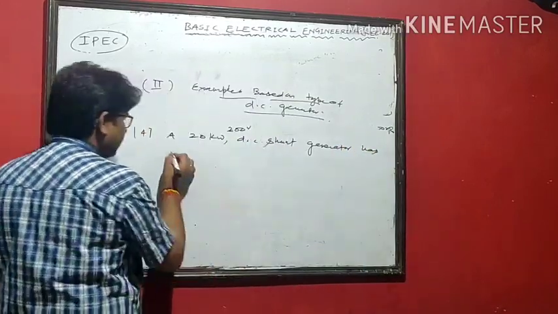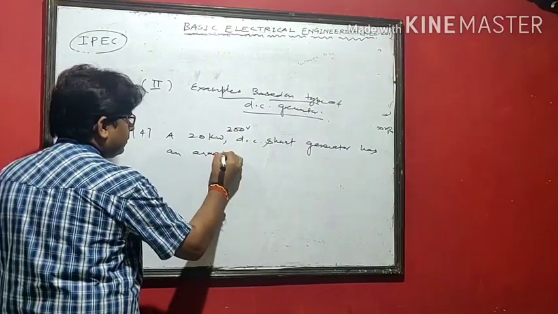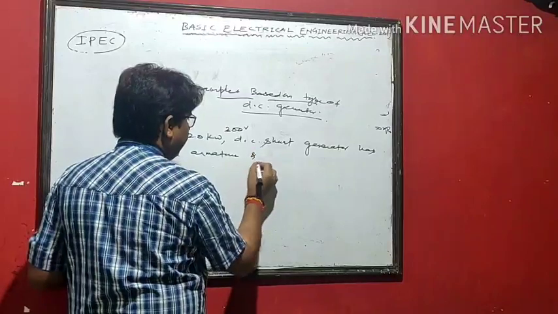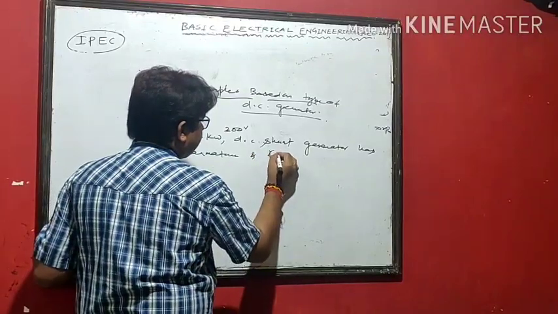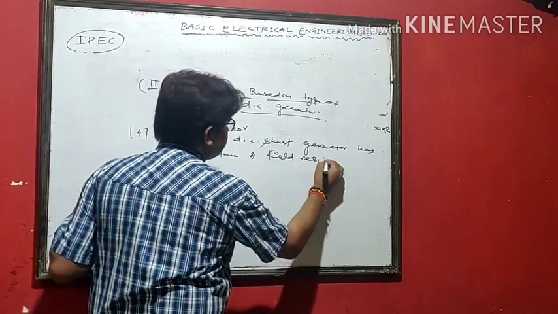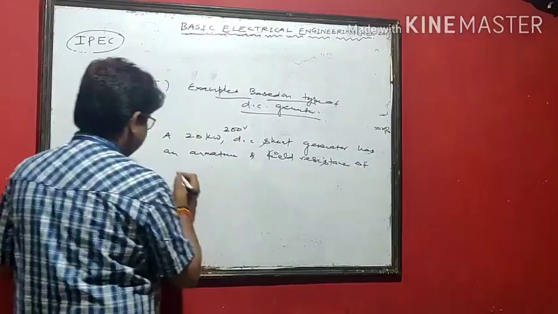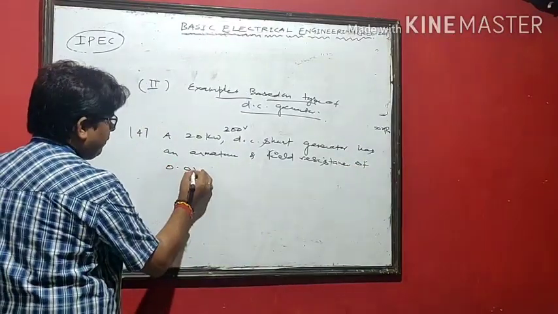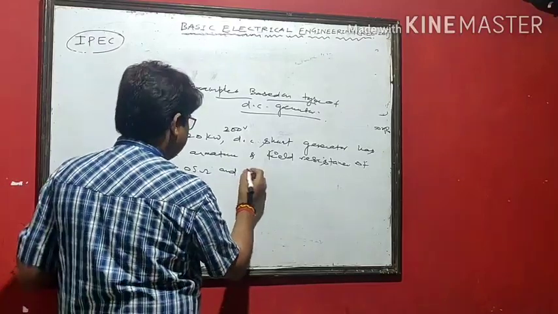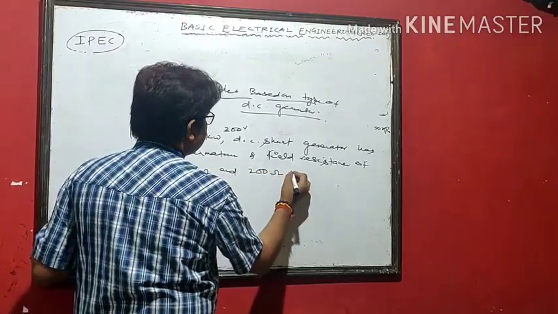has an armature and field resistance of 0.05 ohms and 200 ohms.